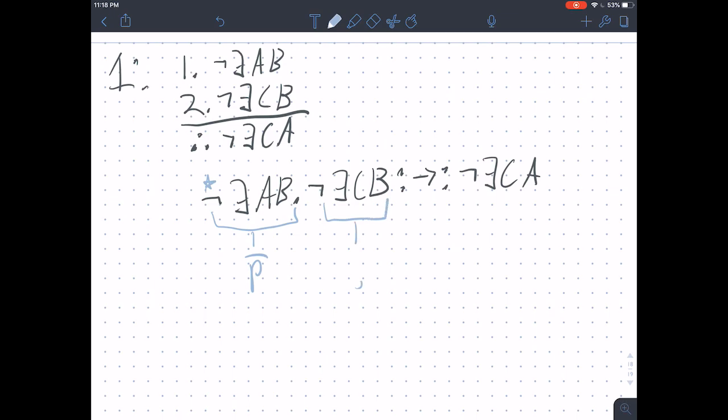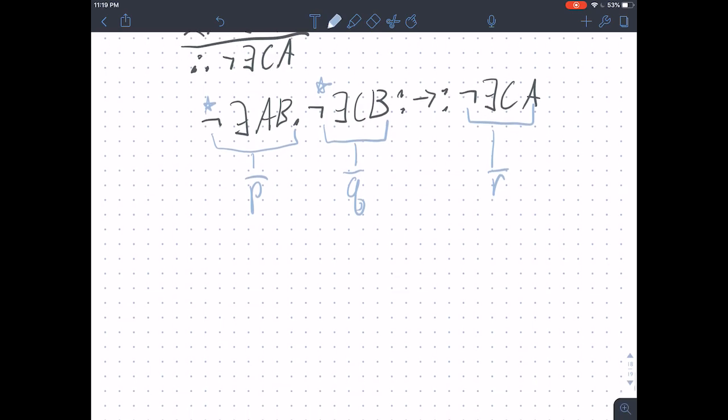This has to be a not Q, right, because of this negation sign here. Never mind, it doesn't really matter. And this has to be a not R because of the negation sign. So that gives us the conditional not P, not Q, R.